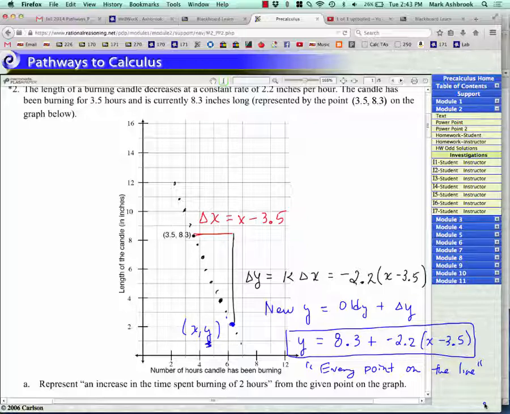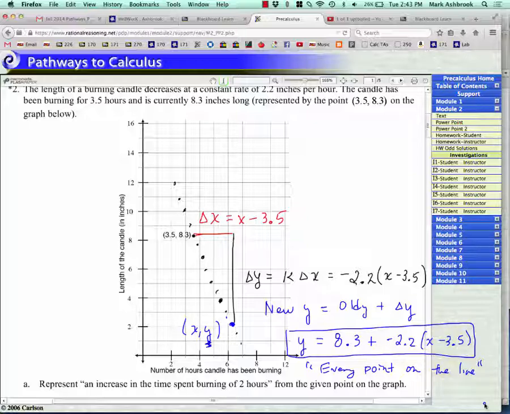But you're responsible on future quizzes and exams to know this process to build the equation of a line, because it uses constant rate of change. And it really focuses you on the quantities, what's happening with quantities together. As time increases, the candle burns, and we can get any corresponding pair of time and length now with that equation.